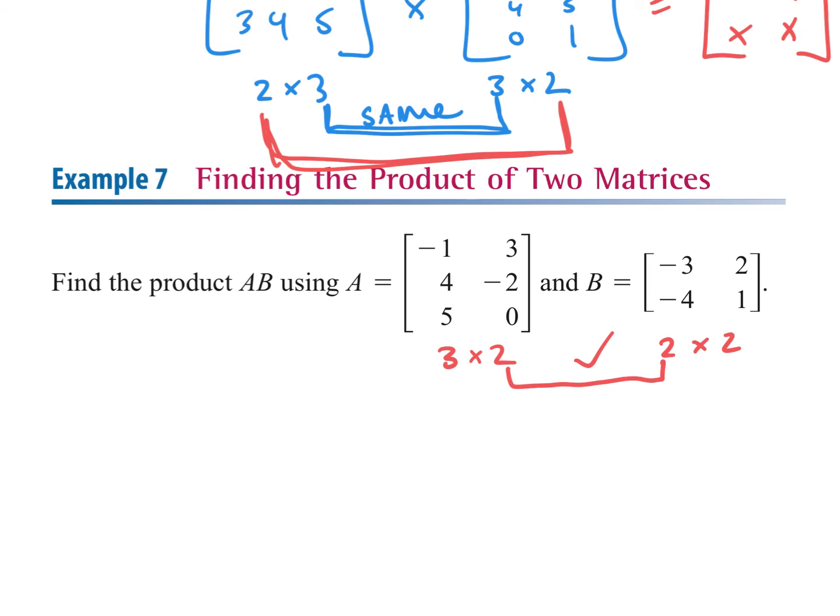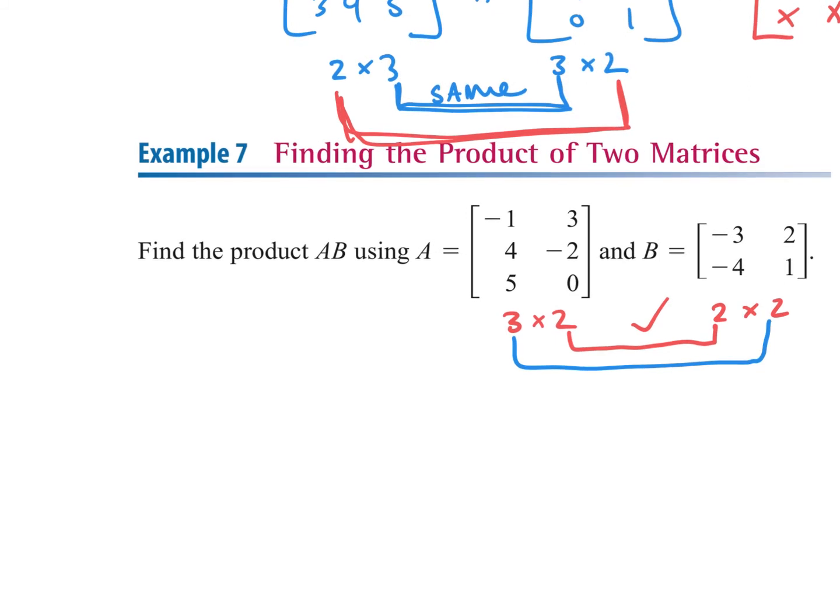Now our result is going to be what size? A 3 by 2. So on the side here, I'm going to draw a 3 by 2 matrix. Remember, it's row by column, so I have 3 rows and 2 columns. So this is the size that my answer is going to be. This will kind of help keep me in check.